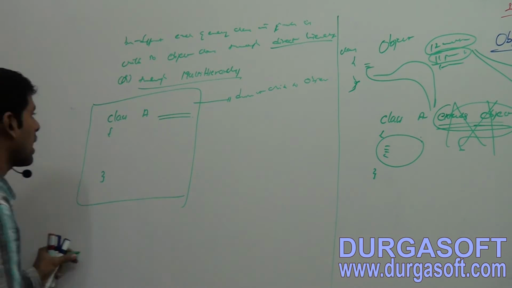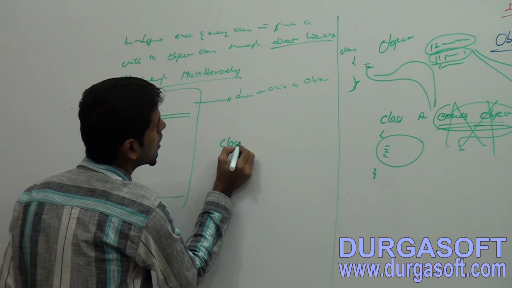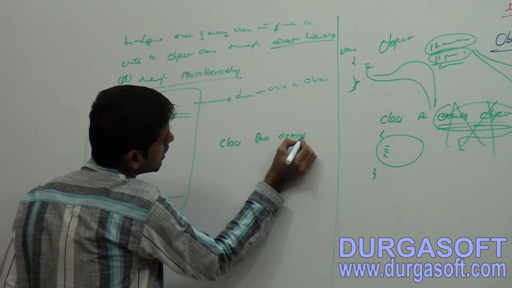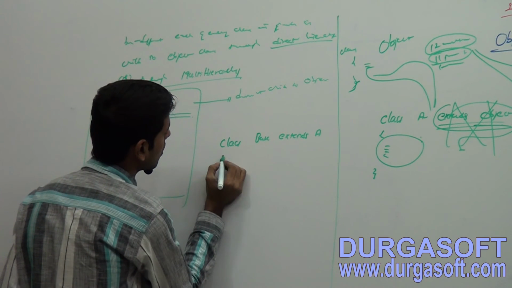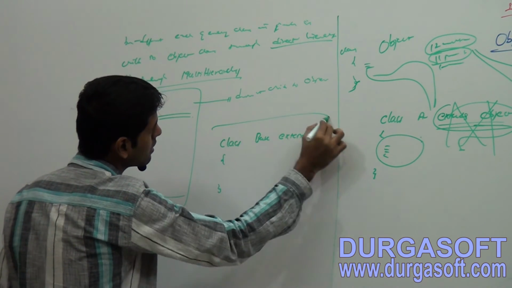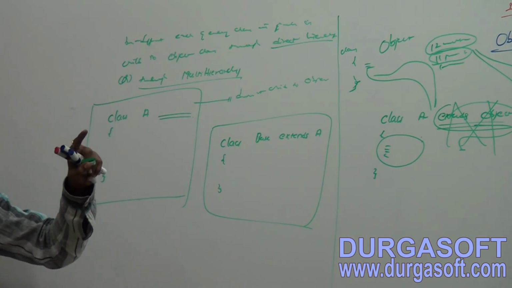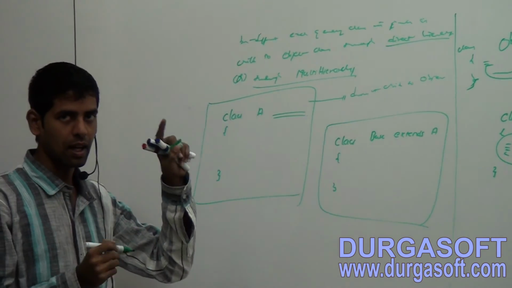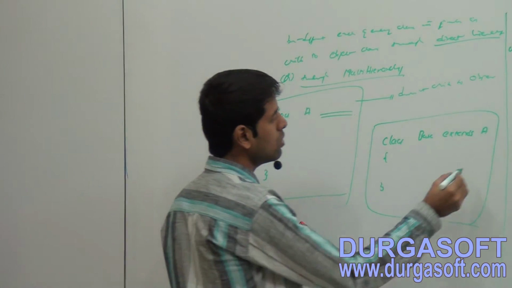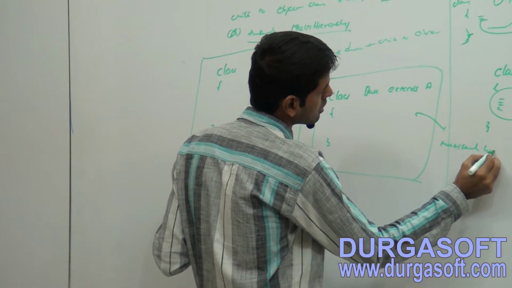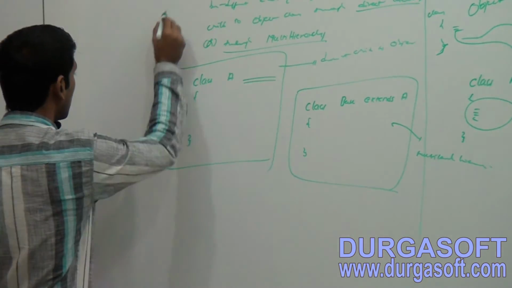Now think that we have one class called Base, which extends class A. Now this class is a child of the Object class through multi-level hierarchy.